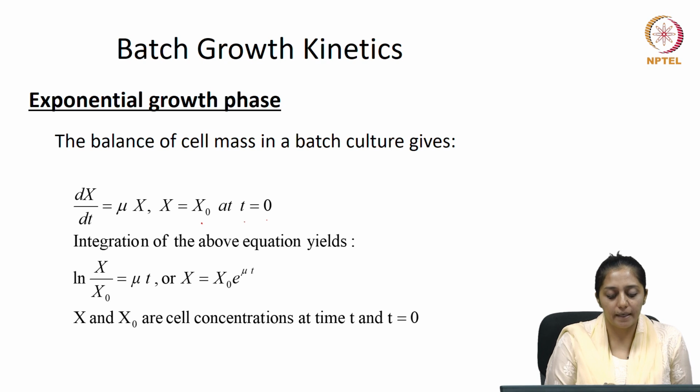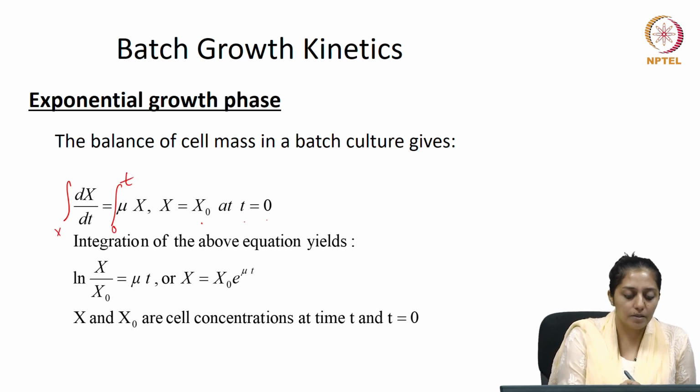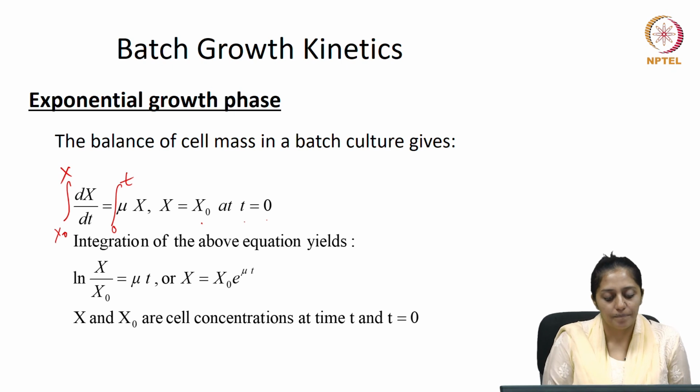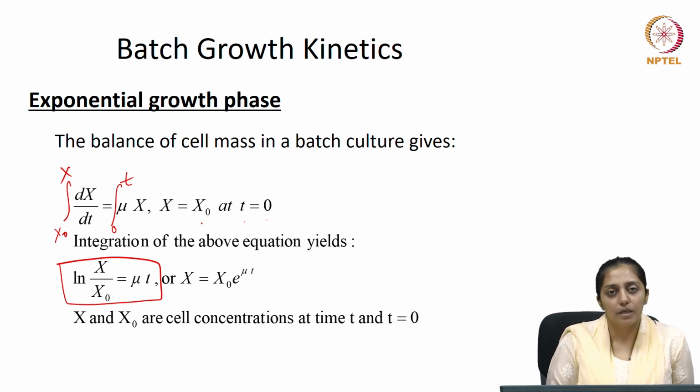Now, if we integrate from 0 to t and from x naught to x, we end up here. It will be ln x by x naught is equal to mu times t.